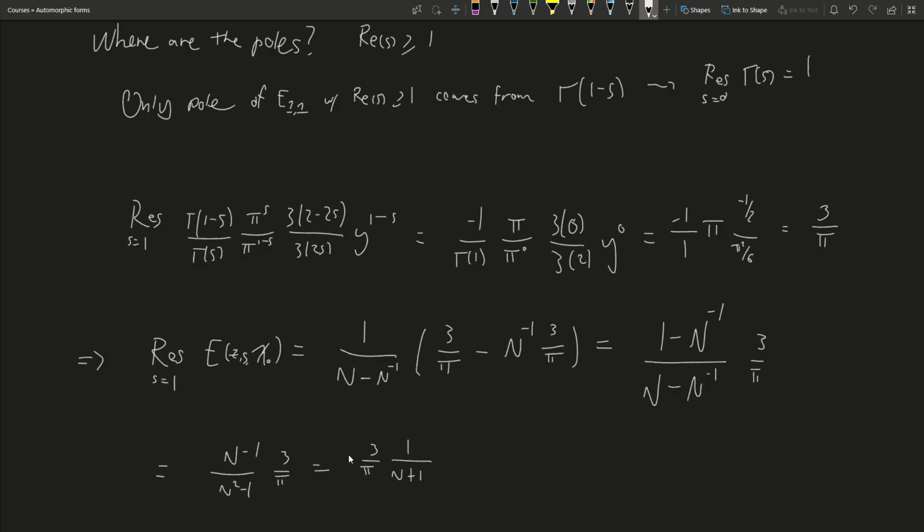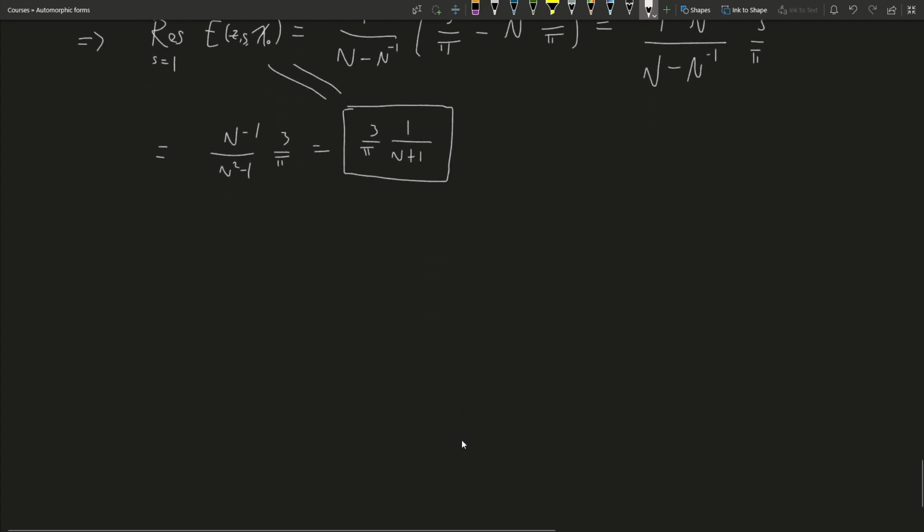So this is sort of what we get for our residue. This is our final answer, that this is equal to that. And this is great. This is good to know, and it comes up a lot. One thing I will highlight, and this initially seems perhaps totally disconnected, is the volume of SL2Z quotienting the upper half plane.